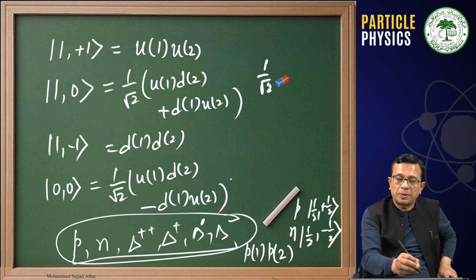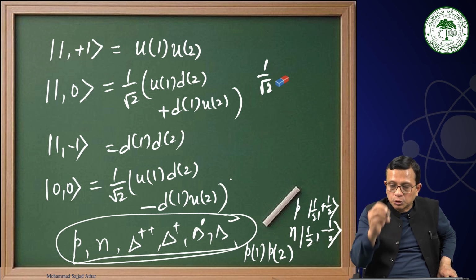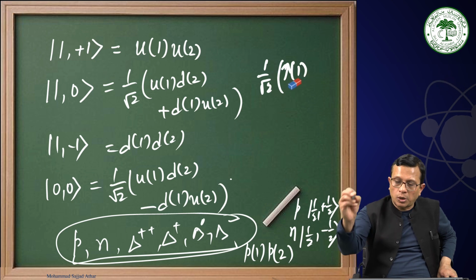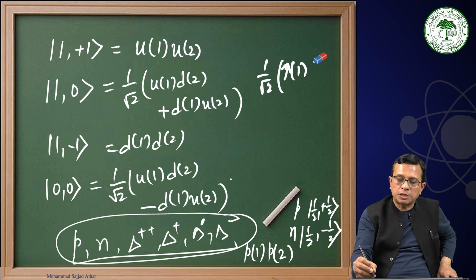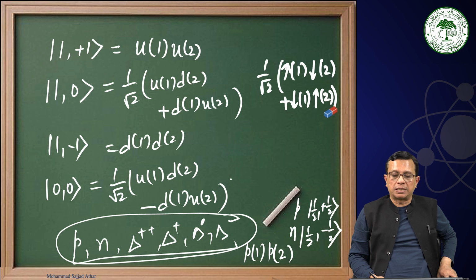But if that represents a spin 1 whose projection is 0, this will be particle in state 1, no matter what that particle is, in a spin up state, particle in state 2 in the spin down state, plus particle in state 1 in a spin down state, and particle in state 2 in a spin up state.